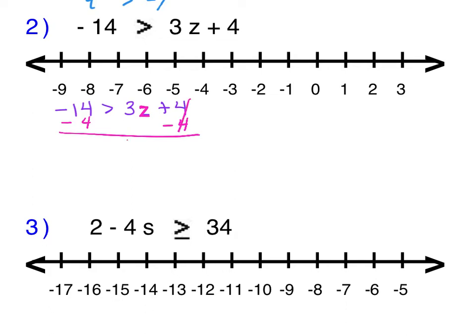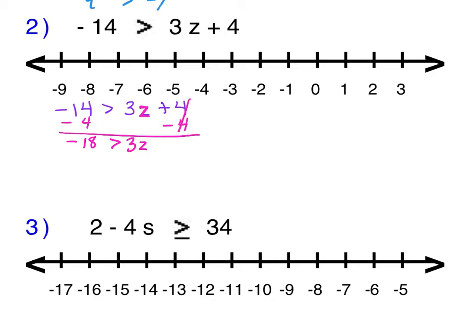That's a 0 pair, so I'm left with 3z is less than negative 14 minus 4, which is negative 18. The signs are the same, so we keep them negative, and then you add 14 and 4.